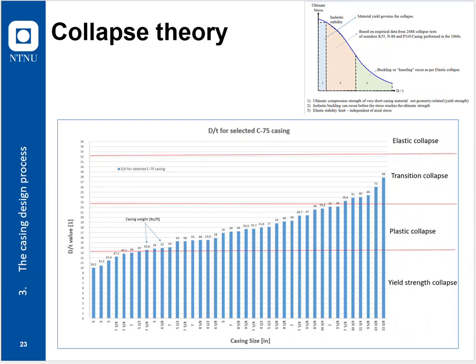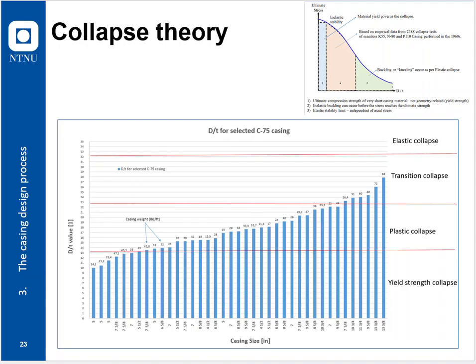This slide is maybe a little bit hard to see. The tiny numbers on top of each blue column would be the casing weight, as in pound per foot. And we see here the distribution for a specific yield, yield 75,000 psi.